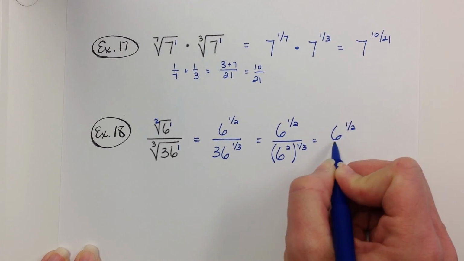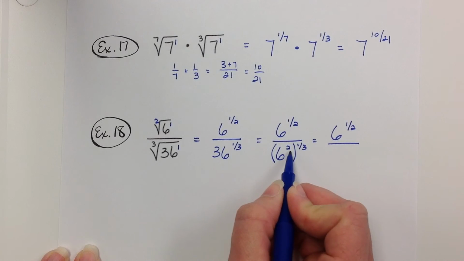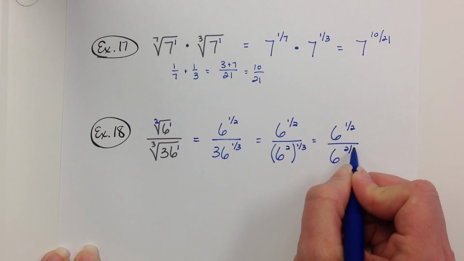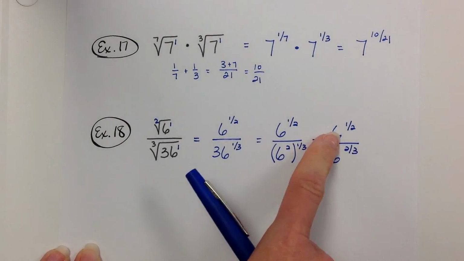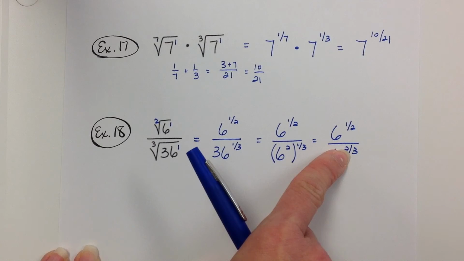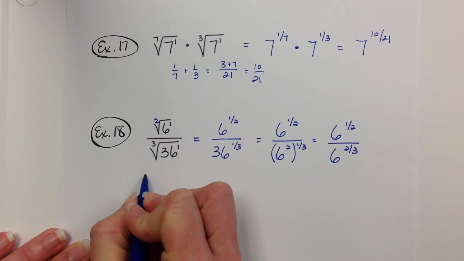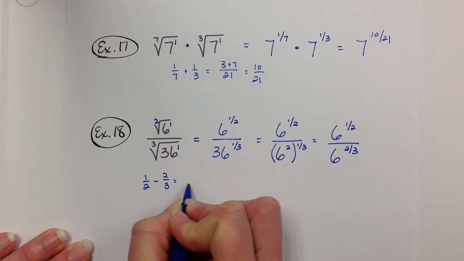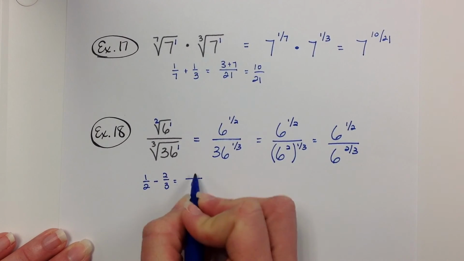Okay, next step, we actually need to go ahead and multiply our powers here. So 2 times 1/3 is going to give me 2/3. All right, so now I finally have my bases the same. So once my bases are the same, I can subtract my exponents. So I would have to do 1/2 minus 2/3. So common denominator would be 6.